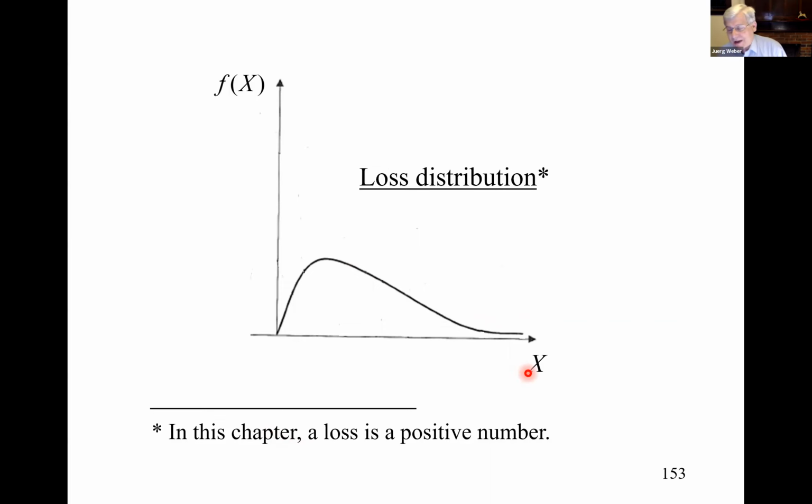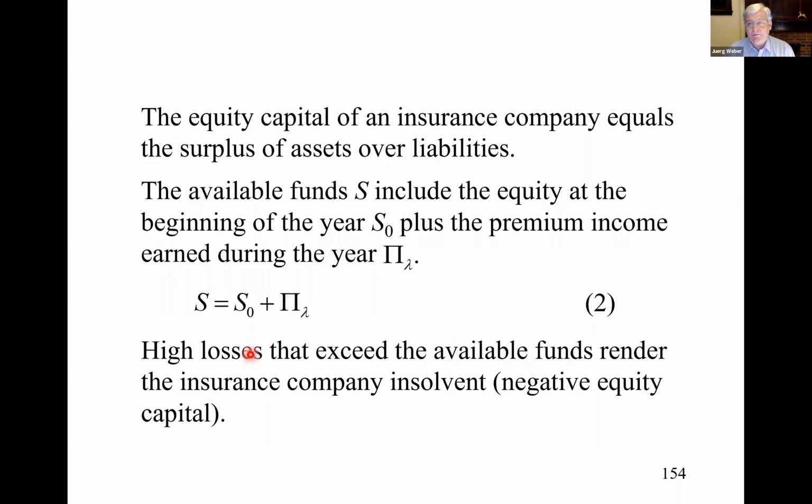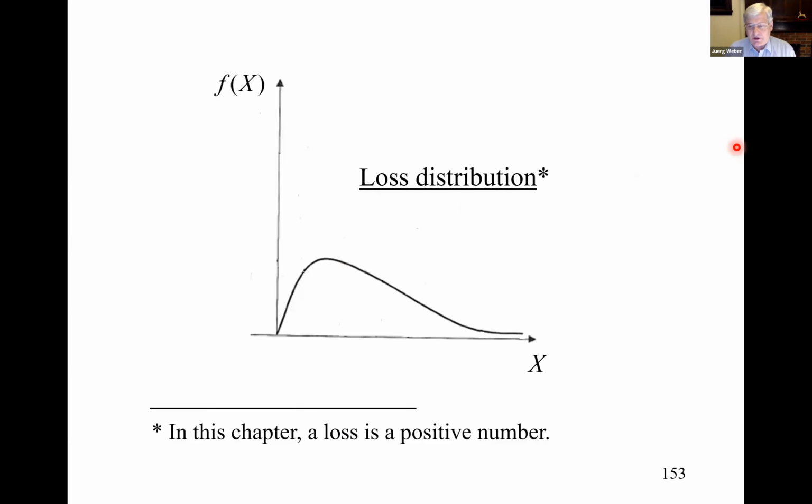In the last chapter that we did, the loss was a negative number, and then the loss distribution was skewed to the left. Now, I'm following the book of Zweifel, and sometimes there are changes like this in the book, which is a bit confusing if you first read those chapters.